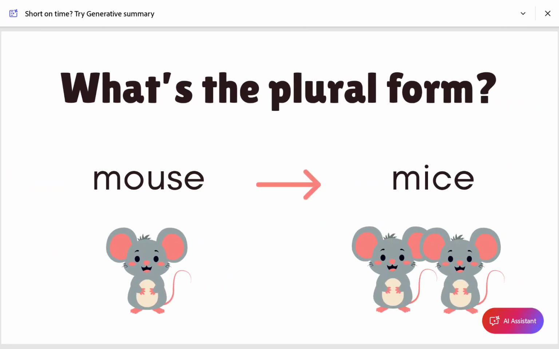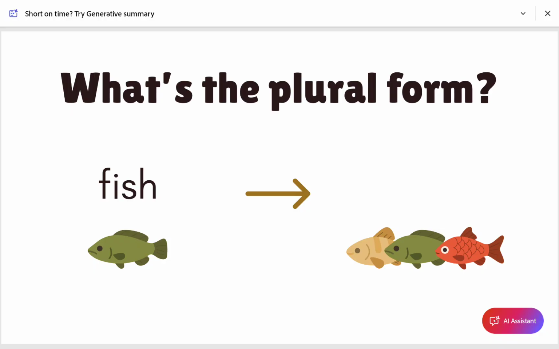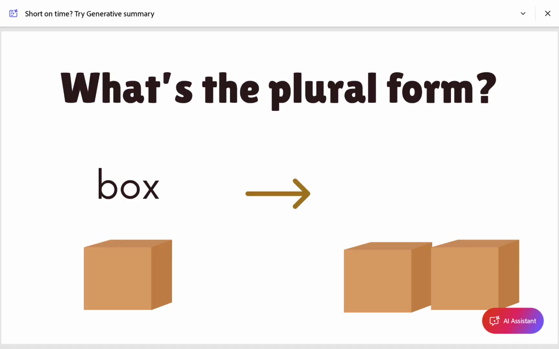It's mice. It's an irregular form. What is the plural form of fish? Same, fish. What is the plural form of box? Boxes. Right?